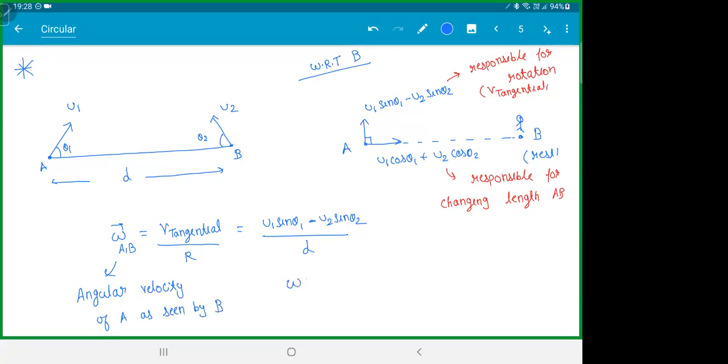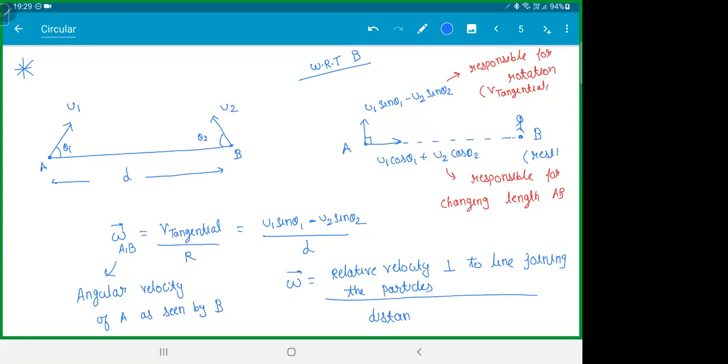So from here we can write a general formula. Omega is the relative velocity perpendicular to the line joining the two points. So join the line and take the perpendicular component of relative velocity, by the distance between them. This is a general formula for two particles.